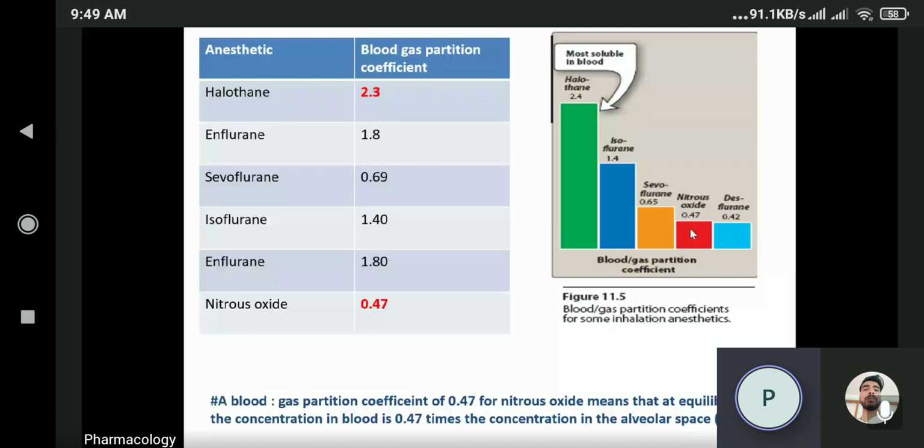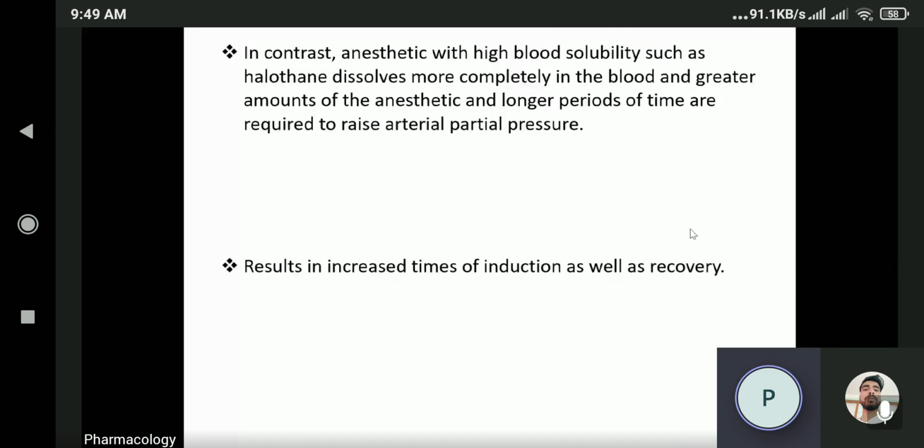Okay, so that is all explained in words here. An anesthetic with high blood solubility, that is, a blood gas partition coefficient of about 2.4, like halothane, dissolves more completely in blood, and therefore greater amounts of the anesthetic and longer periods of time are required to raise the arterial partial pressure, that is, to attain the steady state or equilibrium. Therefore it results in increased times of induction as well as recovery.